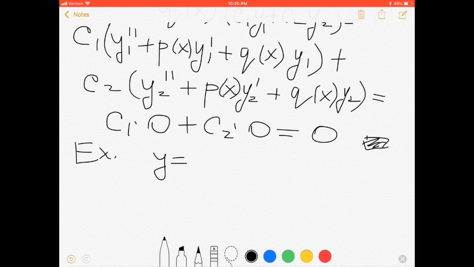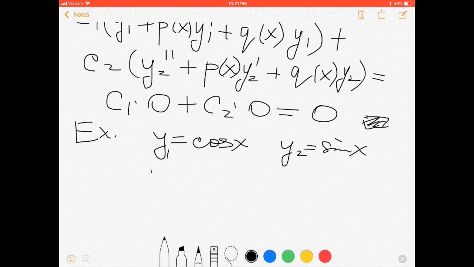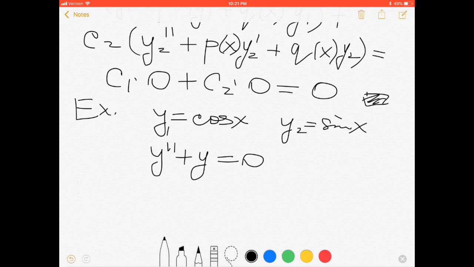Okay, example. Let's go: y1 equals cosine x, y2 is sine x, and we have the equation second derivative plus the function equals 0. You can easily check y1 and y2 will be solutions of our equation.